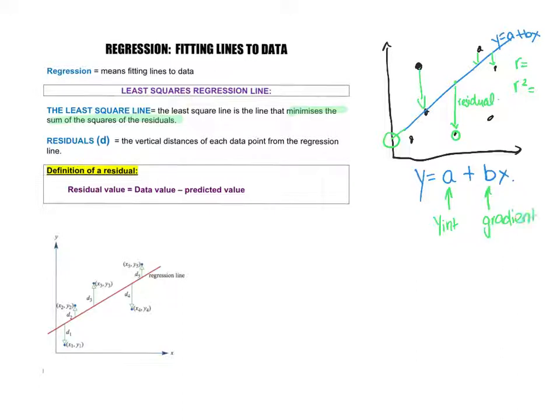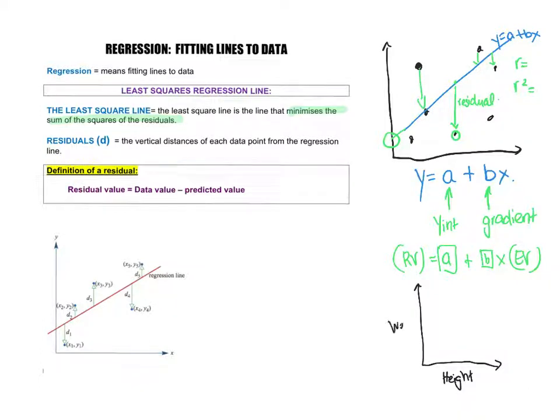Now, we're not going to use y and x either. We really should be using our response variable name, and then it will be A, which we'll find out, and B, which we'll find out, times the explanatory variable. So we're going to get an equation, and we can use the equation to predict what might be happening. If I talk about the example we've been talking about through class, say we've got the height and the weight, so we've got the scatter plot and we get this equation.